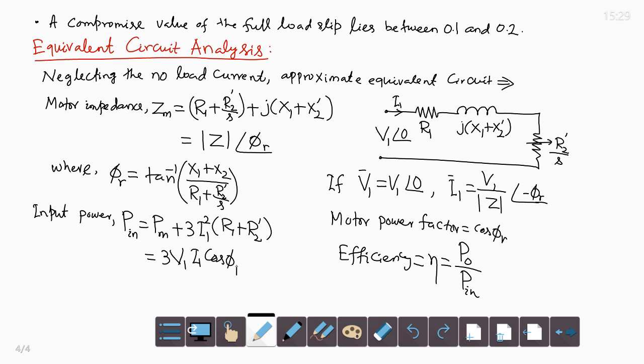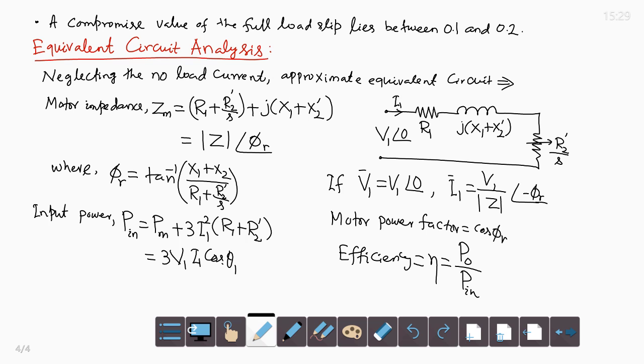Cos theta 1, let us write. I have written phi r. So, Pm is the mechanical power output, and mechanical power output minus iron loss and friction and windage losses is the output power.